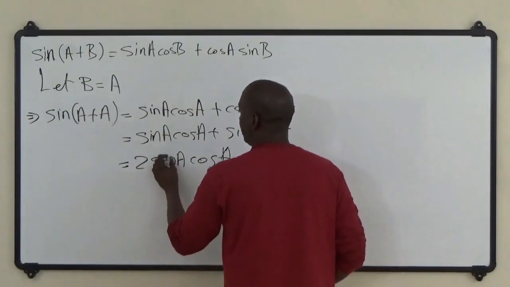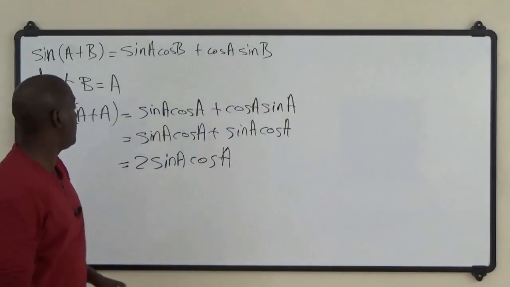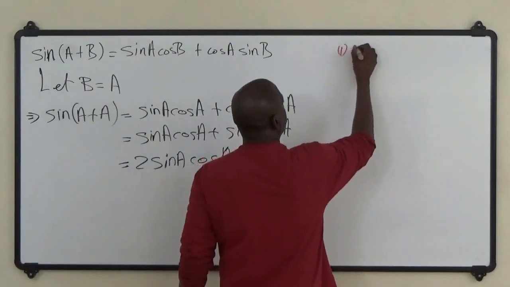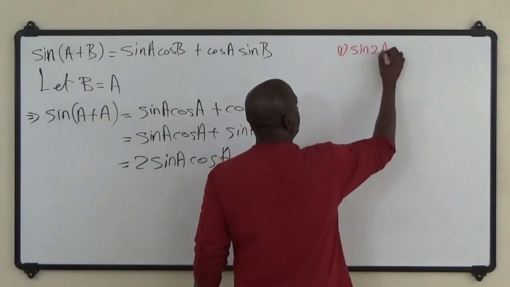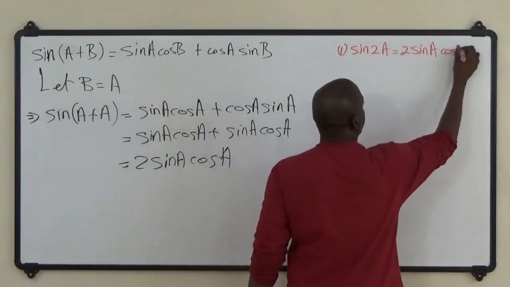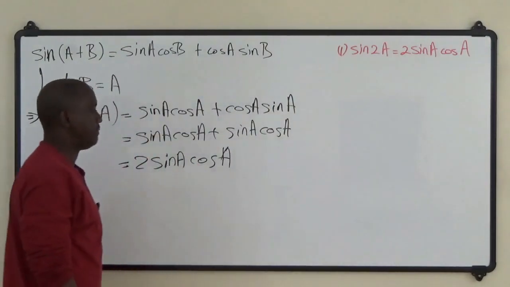So the first double angle formula, and we tuck it up in the corner here, is identity 1: sine 2A is equal to 2 sine A cosine A. All right? Nice.